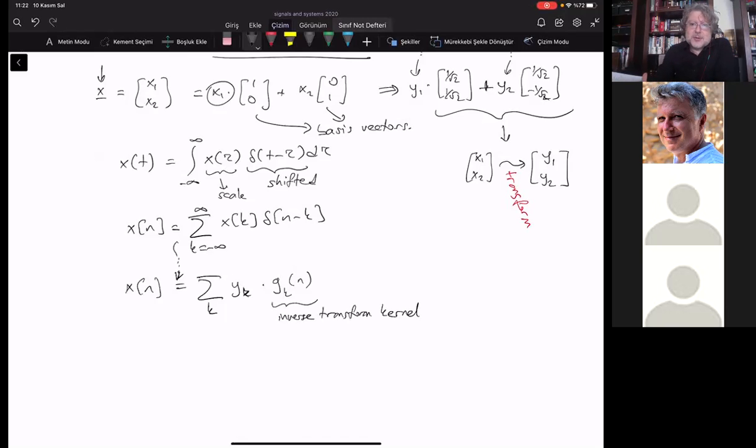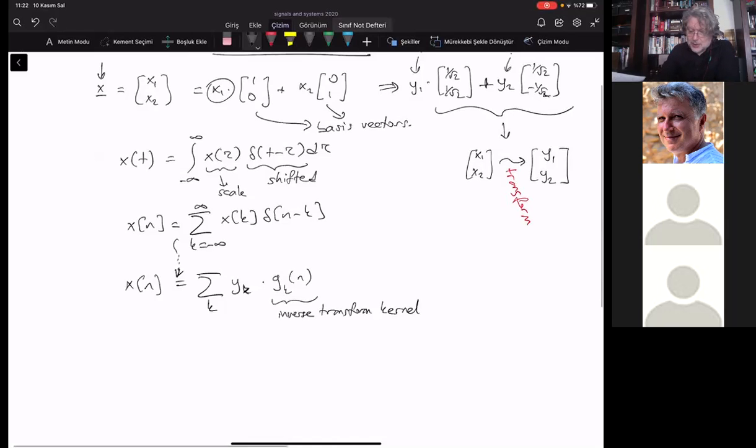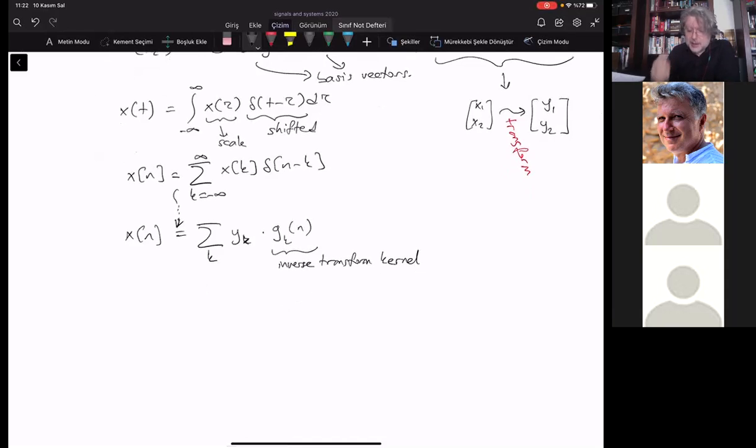Why is it the inverse transformation? Because actually the formula that we are looking at, the last one, is the inverse transform from y k to x n, y to x. The transform should be from x to y. So it must give me a formula for what is y of n, whatever the index.